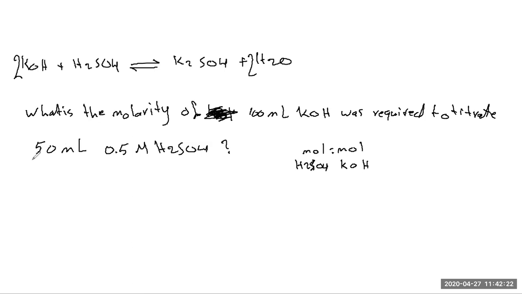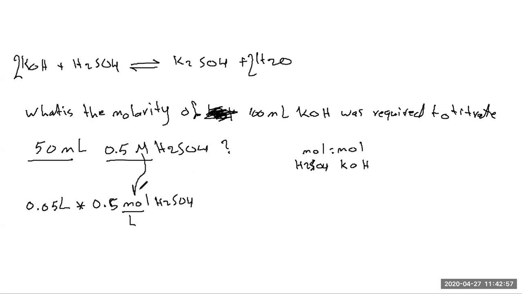Okay, so here we have volume and molarity for H2SO4. So it will be in liter, 0.05 liter, don't forget that, times 0.5 mole H2SO4 divided by liter.